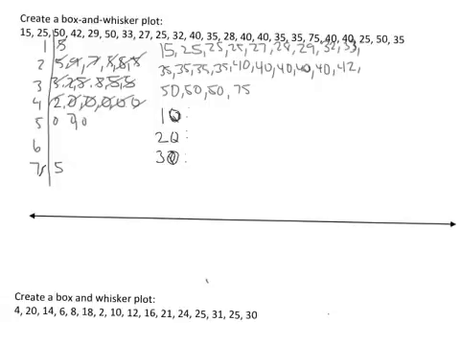So I need to count 12 numbers in. 1, 2, 3, 4, 5, 6, 7, 8, 9, 10, 11, 12, which stops me right here at this 35. So that is exactly my halfway mark. That's nice to know because I don't need to do any averages. So I'm just going to make a nice little 35.